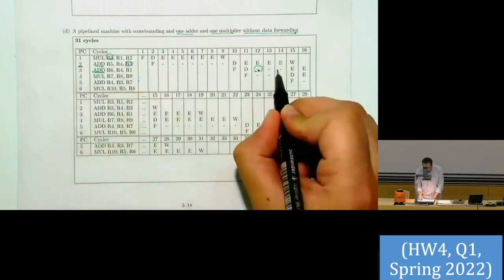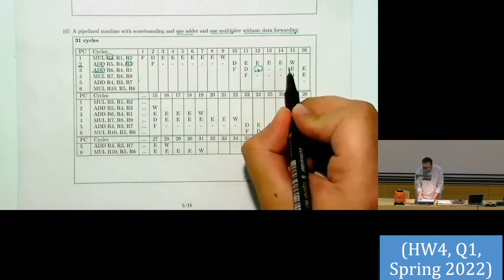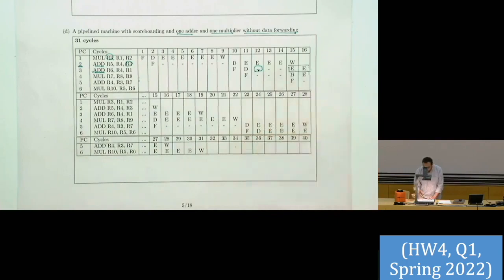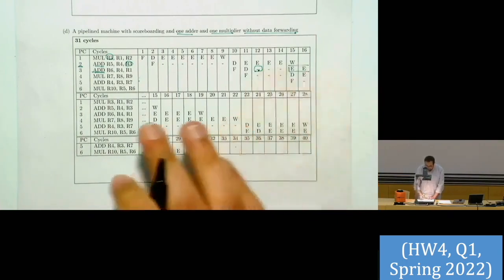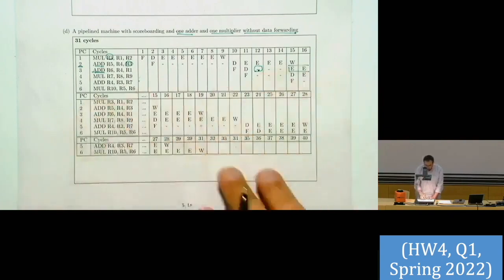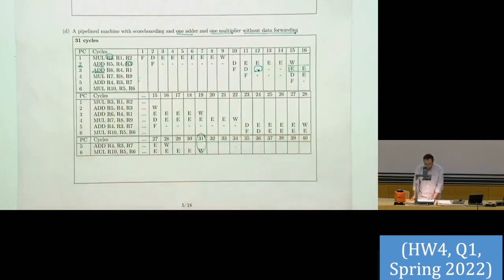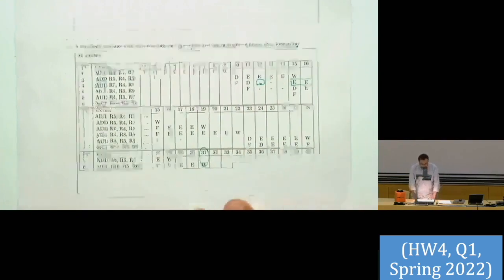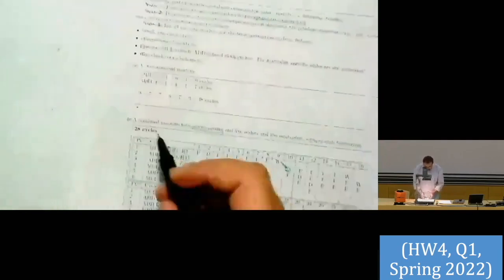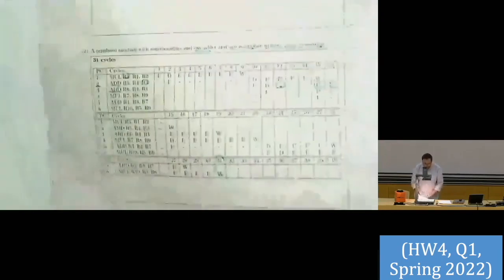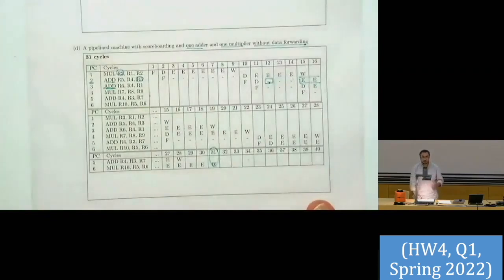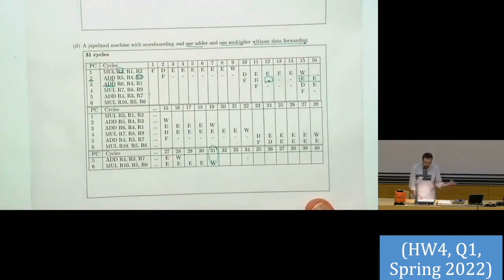So we need to wait until it's completed, and then we start using it from this side. Once you follow the same idea and do the rest, you see that now we completed in the 31st cycle, which means that in the previous one it was 28. Now we have lost 3 cycles because we don't have additional adders or multipliers.